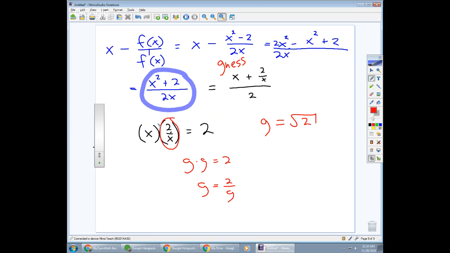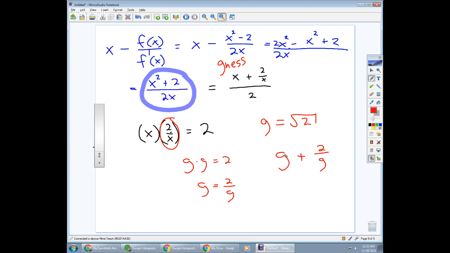That's that guy right there. So you take your guess and then you divide it into 2. These are two numbers that multiply together to give you 2. Best case scenario is g is the square root, in which case these are the same number.